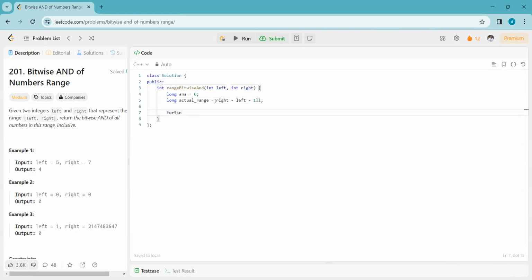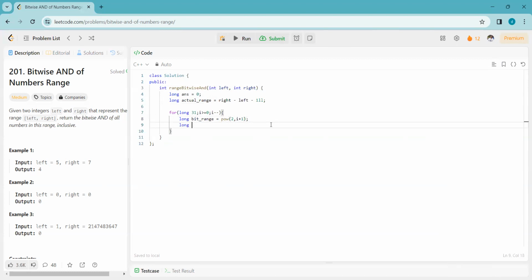Now, what we have seen, we will repeat that operation for every bit. So from 31 to greater than or equal to 0, i minus minus. So for that bit position, the bit range will be pow(2, i plus 1). That means after this bit range, our pattern will repeat. Now, what is the half of that number?